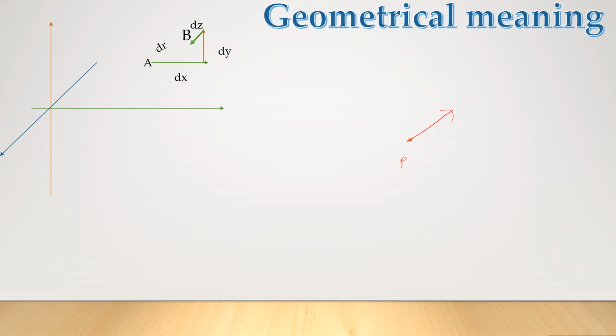Let us analyze like this. Instead of going directly from A to B along the dr direction, I can move from A to some other point only along the x direction.